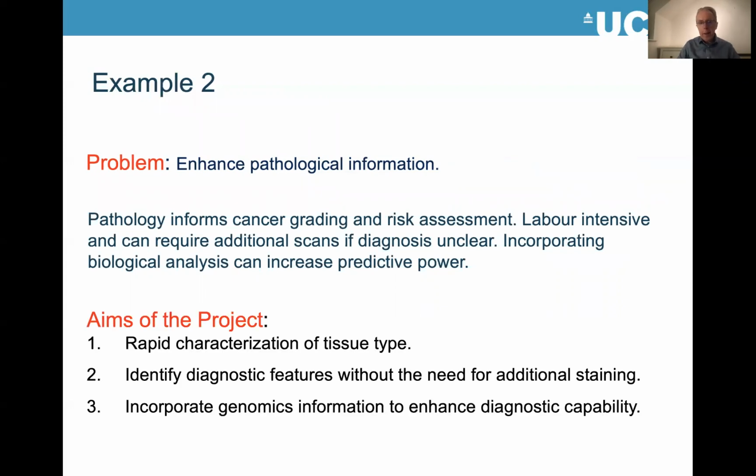Overall, what we are planning to achieve in this project is initially looking at characterization of the tissue type, and then going on to see, can we extract more detailed diagnostic information without the need for follow-up scans? And how do we incorporate genomics information? And what does it add in terms of diagnostic capability and predictive capability?